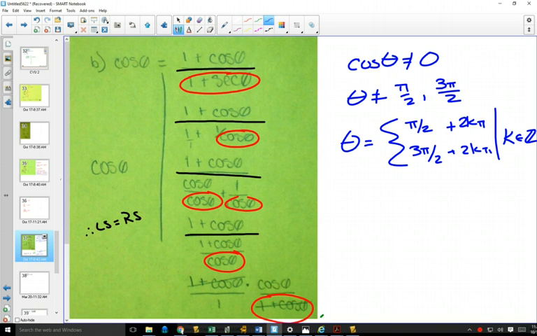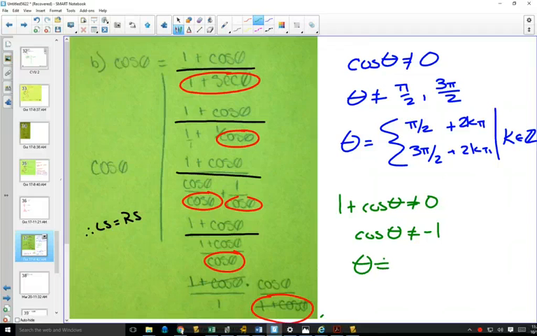When looking at these ones and deciding which one I'm going to do next, I think 1 plus cos theta is easier than 1 plus secant theta. So we'll start with that. For the second one, if 1 plus cos theta can't equal 0, what does that mean? That means that cos cannot equal -1. When does that happen on our unit circle?